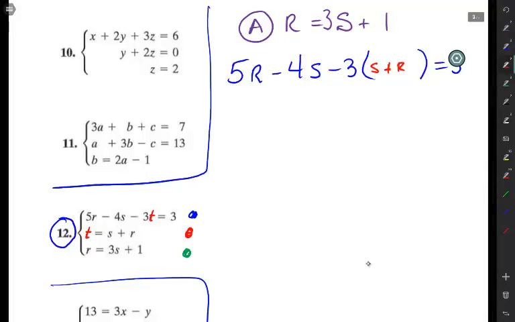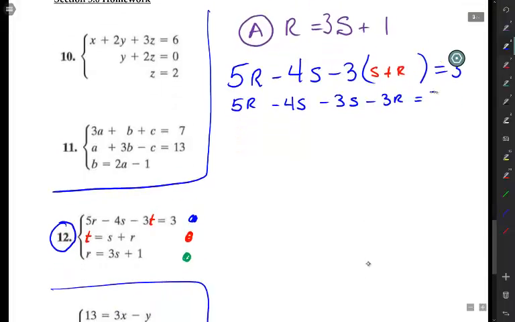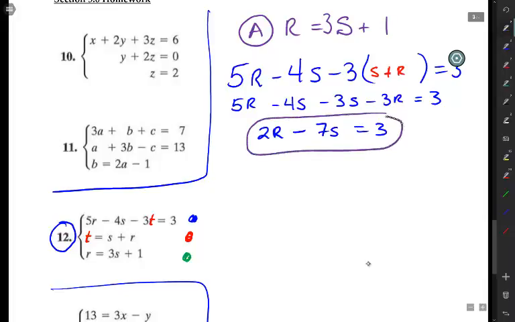So now let's combine our like terms. 5r minus 4s minus 3s minus 3r equals 3. 5r minus 3r is 2r. Negative 4s minus another 3s is negative 7s equals 3. Do I now have an equation with 2 variables, r and s? That's equation B.